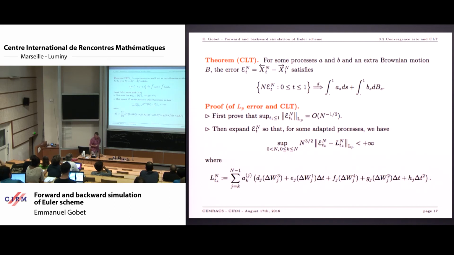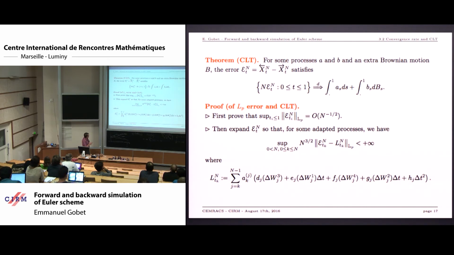In fact, we can prove even more. I have to admit that there's still a small gap in the proof of this theorem. In dimension 1 this is correct, but in dimension D there's something missing. But we can prove a central limit theorem for the distance between the forward scheme and the backward scheme.